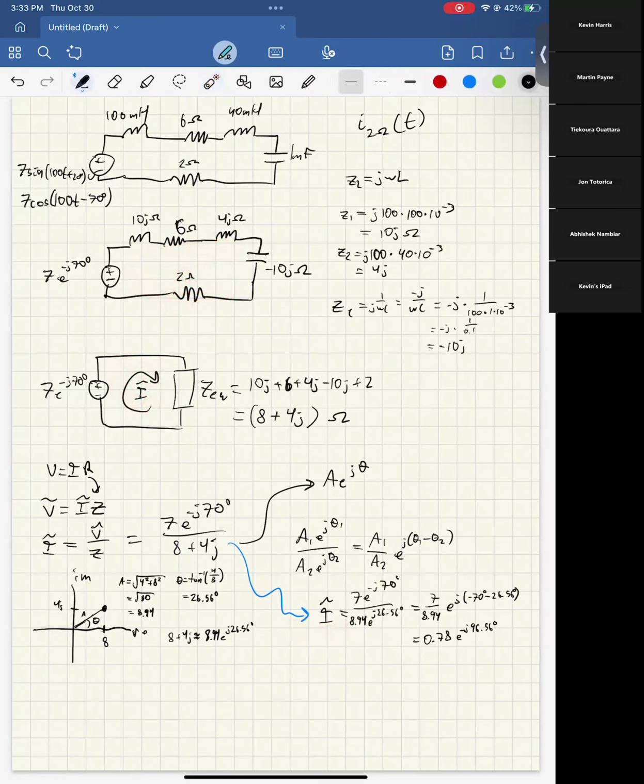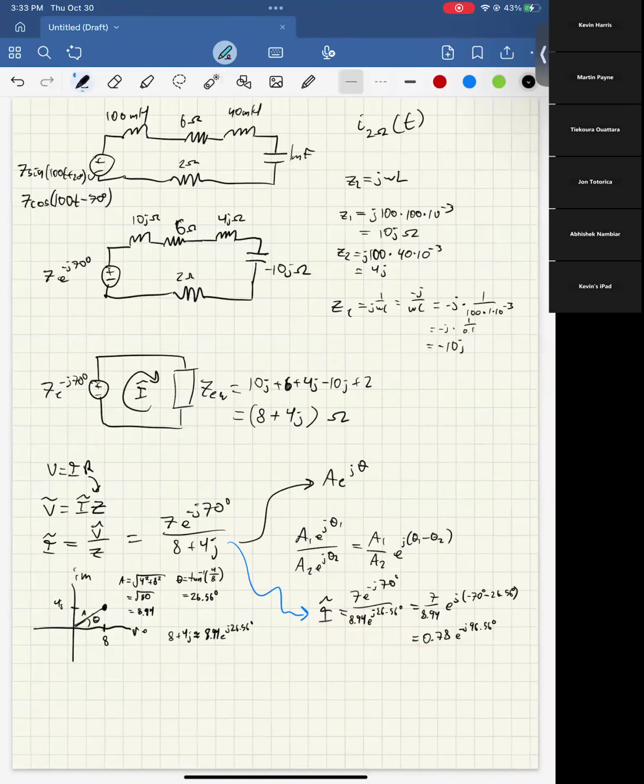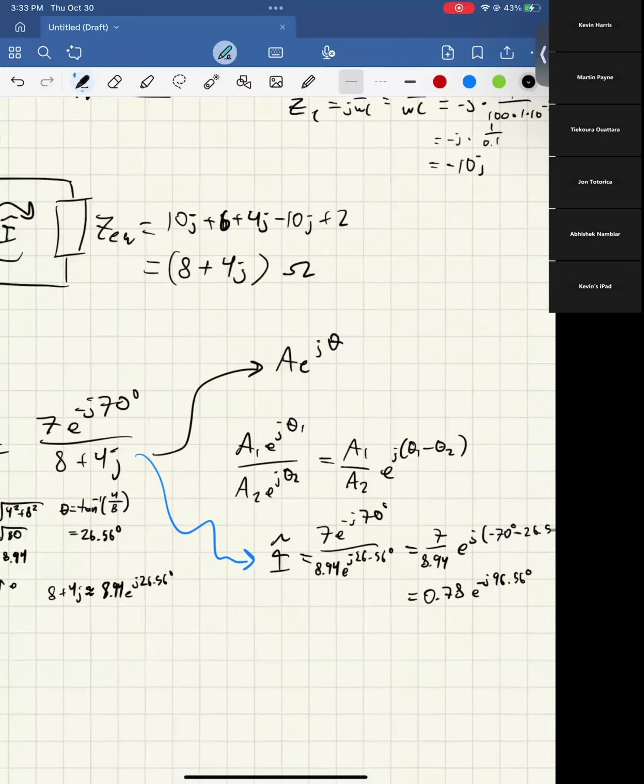Now all we have to do, because the question was asking for it in the time domain, is take this number and turn it back into an I of t. To do that, we just do in reverse what we did before. Because the initial frequency was 100, it's still going to be 100.